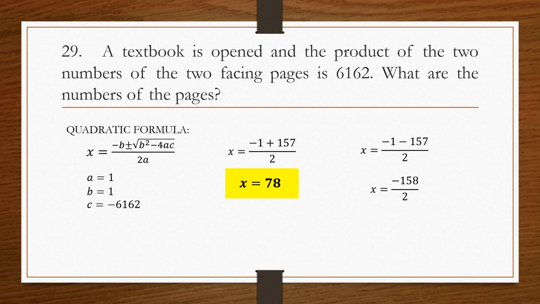For x equals negative 1 minus 157 divided by 2, we'll get negative 79. Parang yun nasa listing method lang. Pero syempre, wala nga namang negative na page number. So, we'll use 78 or the first root that we got. We have 78 plus 1 equals 79.